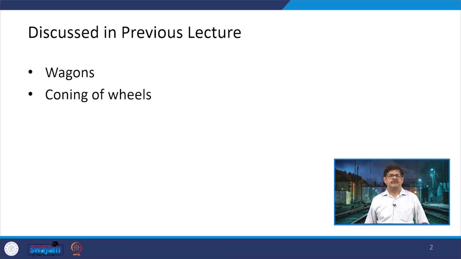In the previous lecture, we talked about the wagons, where we discussed the ICF coaches and the LHB coaches, and the differences in the benefits derived from using the LHB coaches.